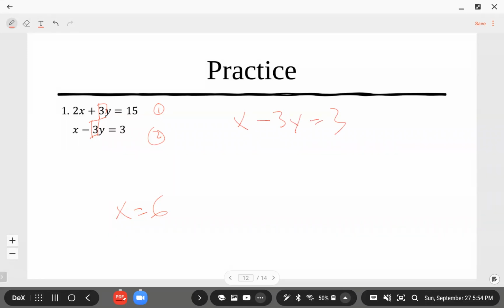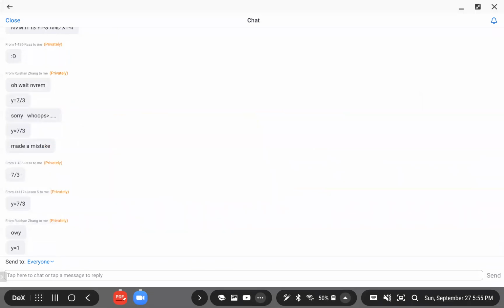So x equals 6: 6 minus 3y equals 3. Let's move these terms, and we get 3 equals 3y. y equals 1. Okay, 6, 1. Did everybody get that? y equals 1.